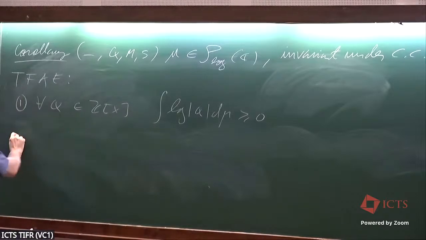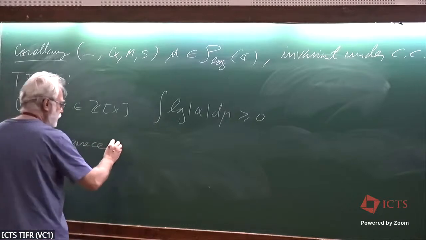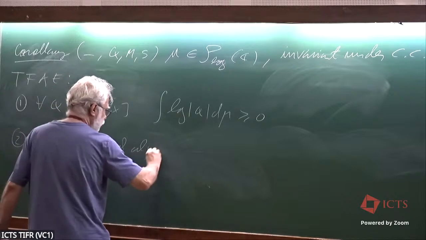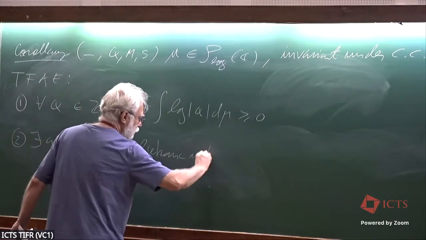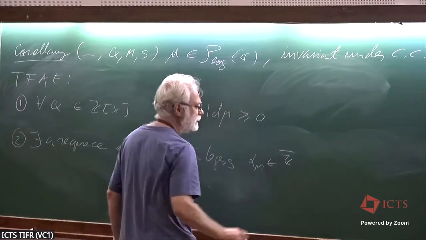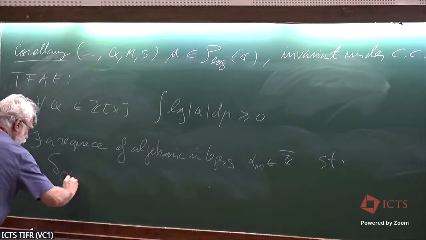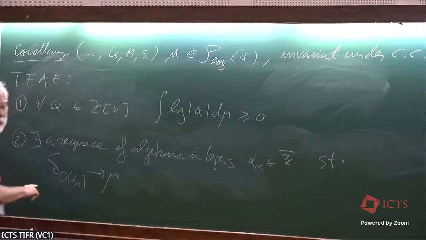But now, since my measure does not have compact support, I cannot have proper convergence, because in order to have proper convergence, remember that I need that everything is inside the same compact set. The conclusion is that there exists a sequence of algebraic integers alpha n inside the set, such that, the same thing, the counting measure delta of alpha n converges to mu, but now logarithmically.